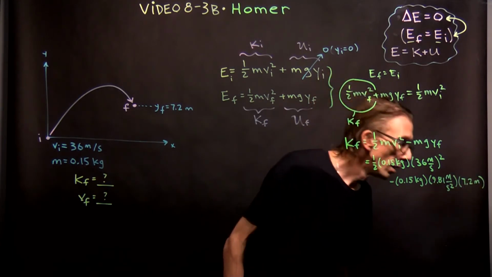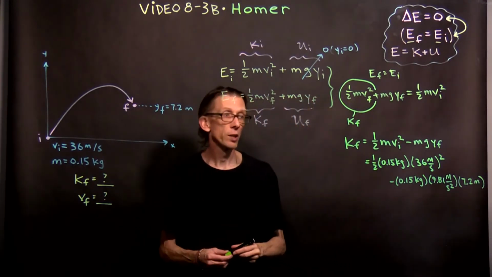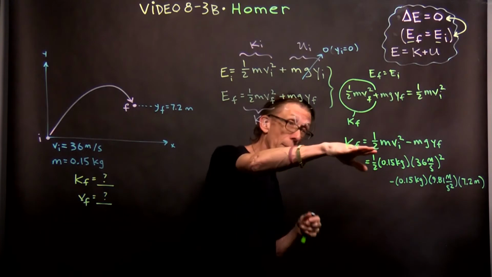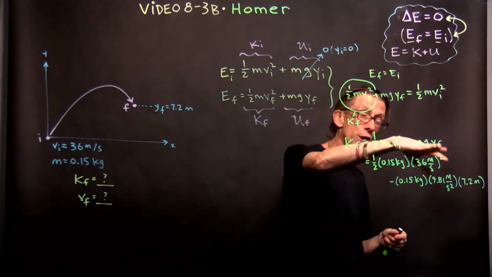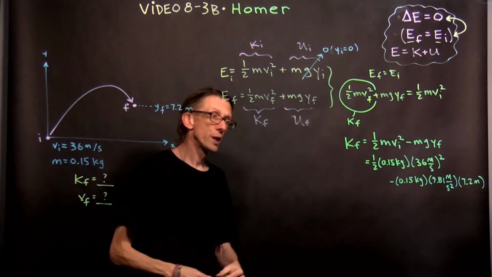Did that fit? Yes, that fit gloriously. So all I've done here is plug in all our numbers, our m, our v_i, our g, our y_f, all the stuff we're given over here, free of charge.